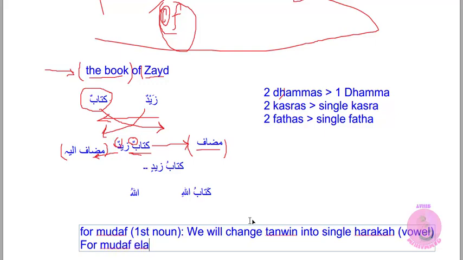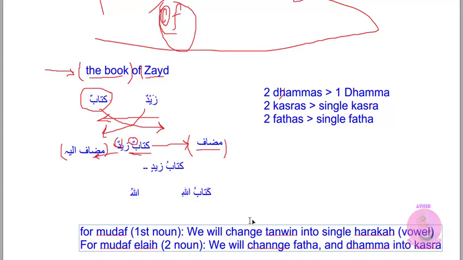For mudaf ilayhi, the second noun, we will change fatha and dhamma into kasra. Okay, these are the two basic rules when you are constructing a possessive phrase in the Arabic language.